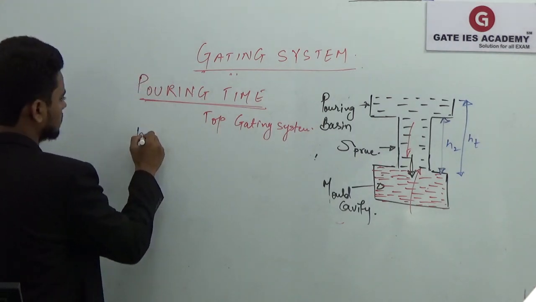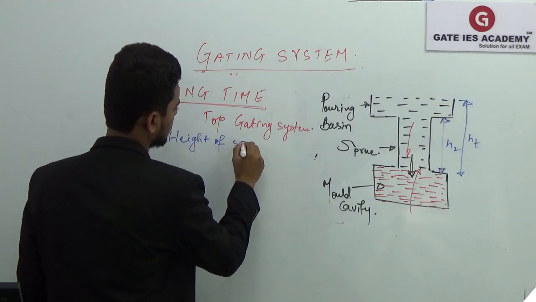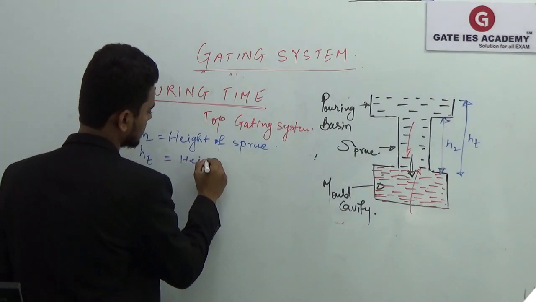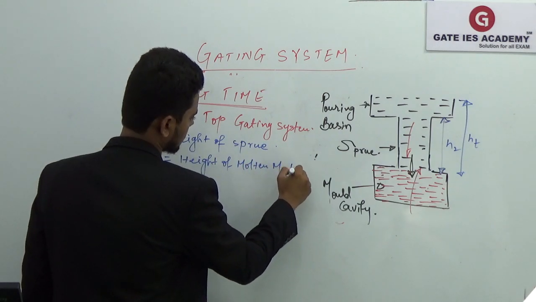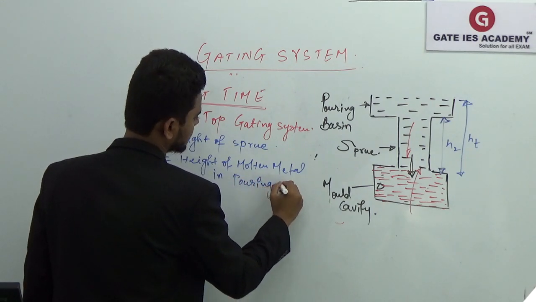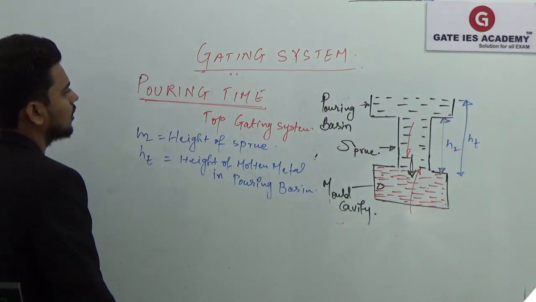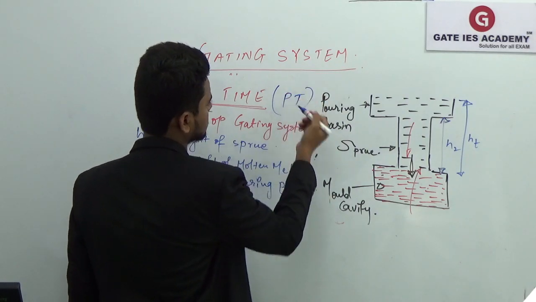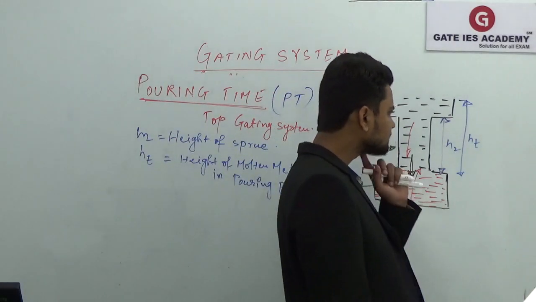So H2 is your height of sprue, and HT is your height of molten metal in pouring basin. Now how do you find out the pouring time? Say I denote this pouring time by PT, or TP, something like that. So how will you find out that pouring time?